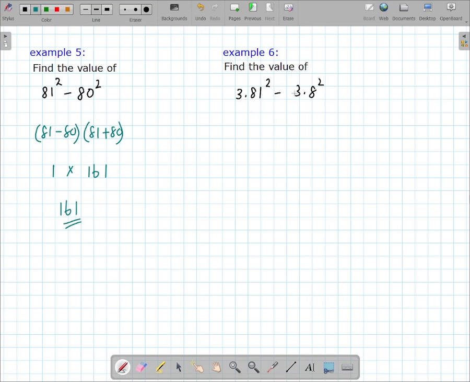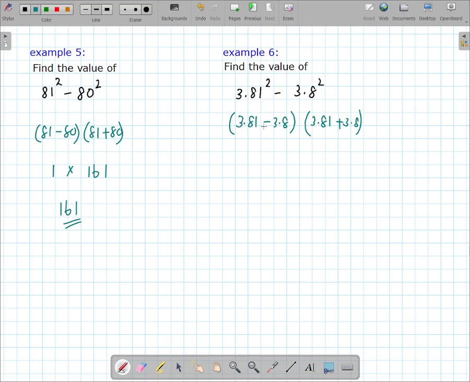Example 6. Find the value of 3.81 to the power 2 minus 3.8 to the power 2. We have a difference of two squares. So I can write it as two brackets, 3.81 minus 3.8, 3.81 plus 3.8.